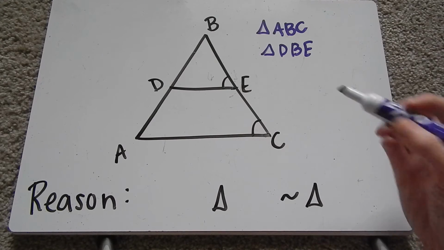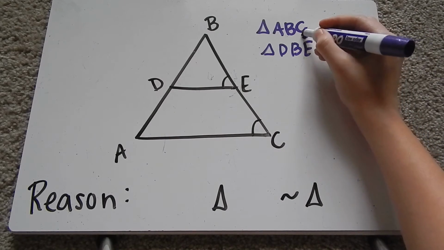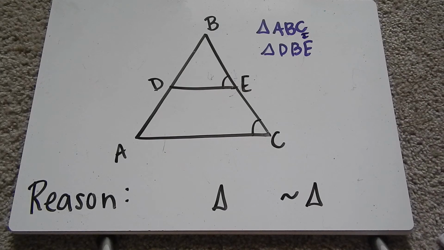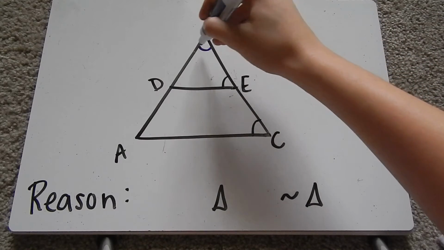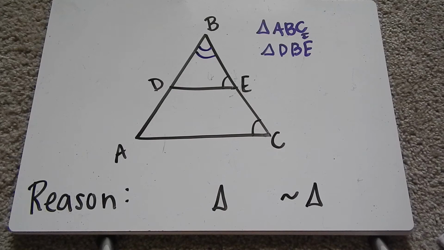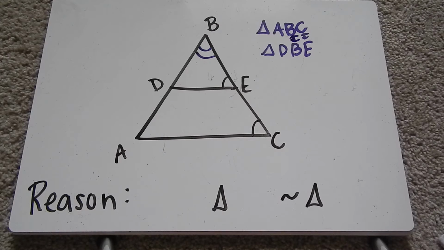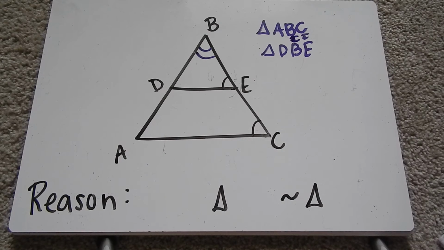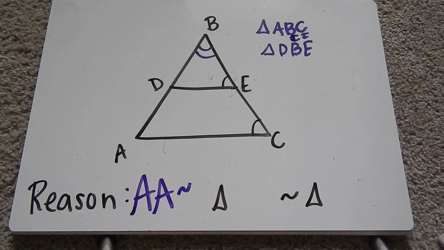First of all, we're given one angle is congruent. So E and C are congruent. Since E and C are congruent, if we have another angle that's congruent, we could use angle-angle. Well, if you notice, this angle B here is equal to itself. Both triangles use angle B. Angle B equals angle B, so we have similarity by angle-angle similarity.